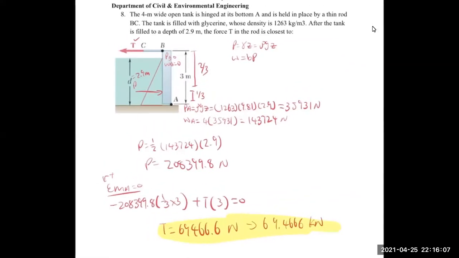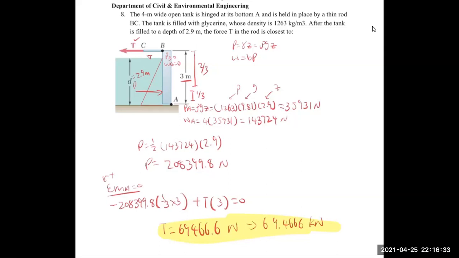So point A, so I got this one is my rho, so G, and the depth is given, which is 2.9. Okay, because the total depth from B to A is 3 meter, but the water depth is only 2.9 meter.